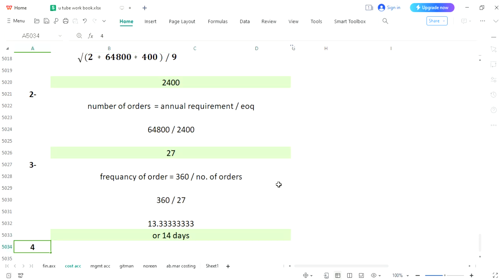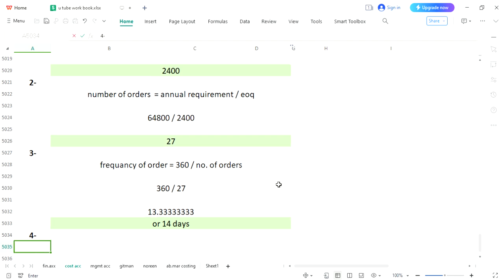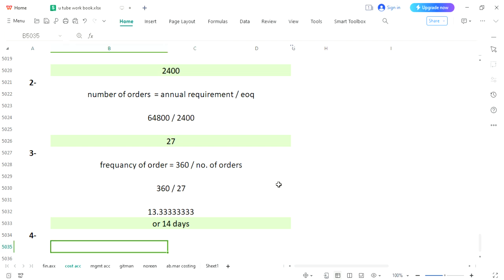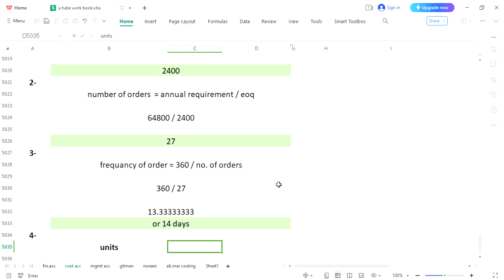At number 4, you will be related with few factors. We are at number 4, and here the first step which you will do is to mention number of units first. Then you will see number of orders in each case. Then you will see ordering cost.